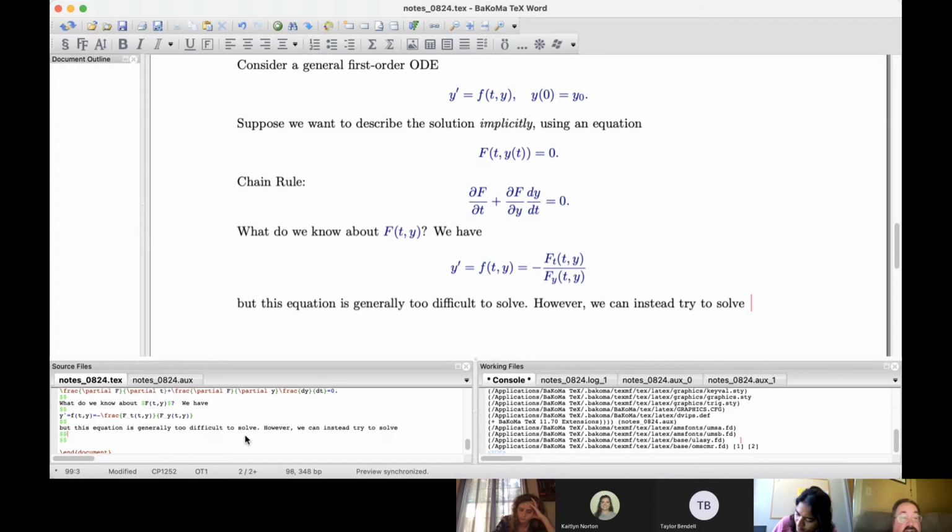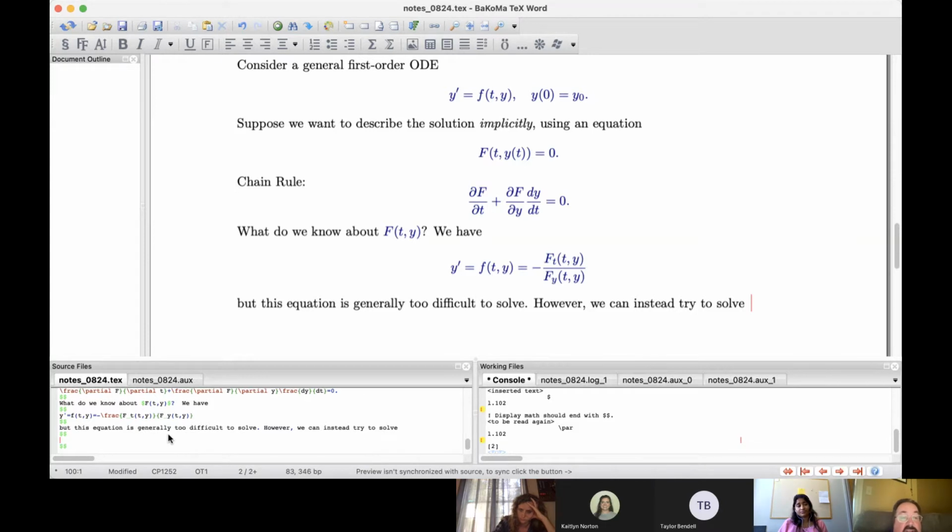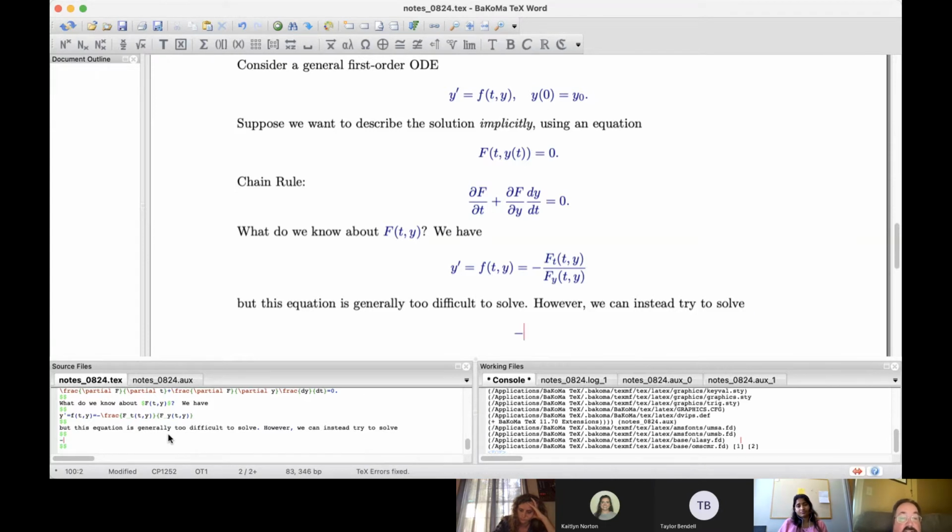So what I'm going to do is first write this equation in a way that more closely resembles this one. So I'm going to move little f over to the left side.